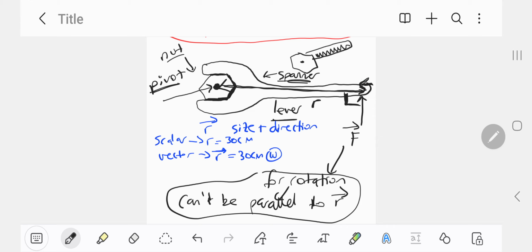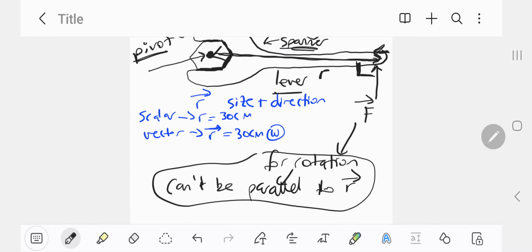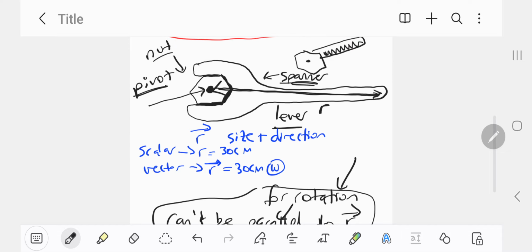It's got to be perpendicular to cause rotation. Perpendicular means at 90 degrees. Let me tidy up this diagram a bit. So I'll quickly derive an expression for torque.